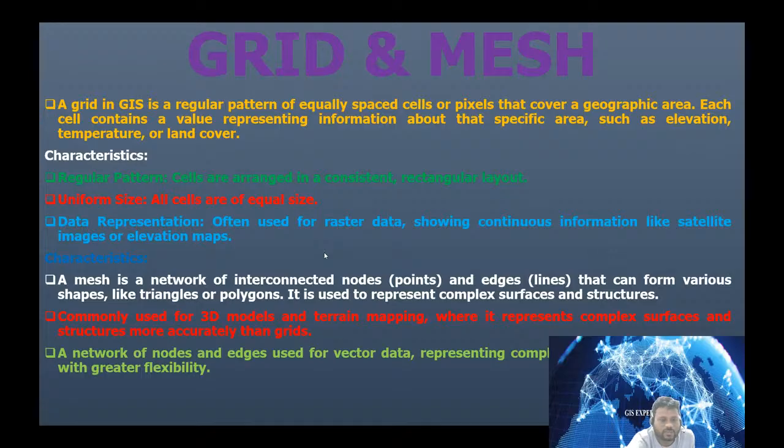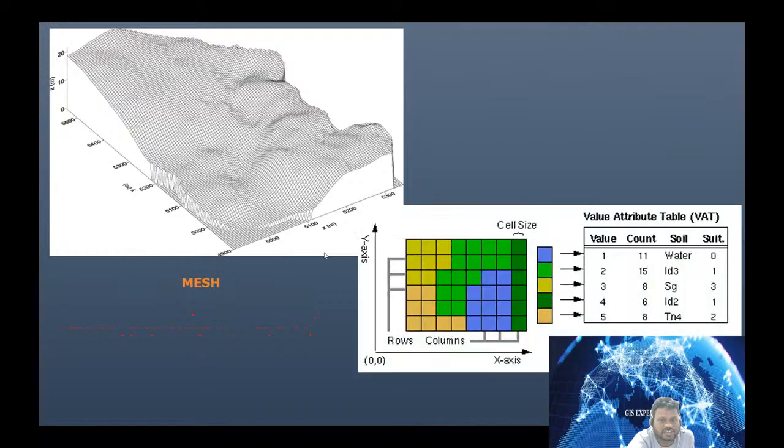A network of nodes is used for vector data, representing complex surfaces and structures with greater flexibility. So this is a mesh and this is your grid. A grid is always in a regular pattern, while a mesh, with nodes connecting, may be an irregular pattern.